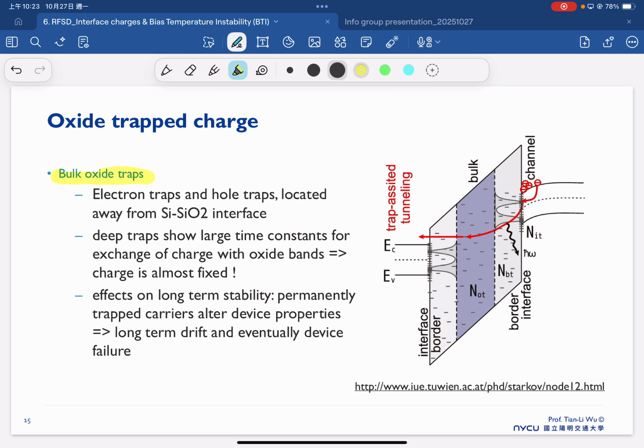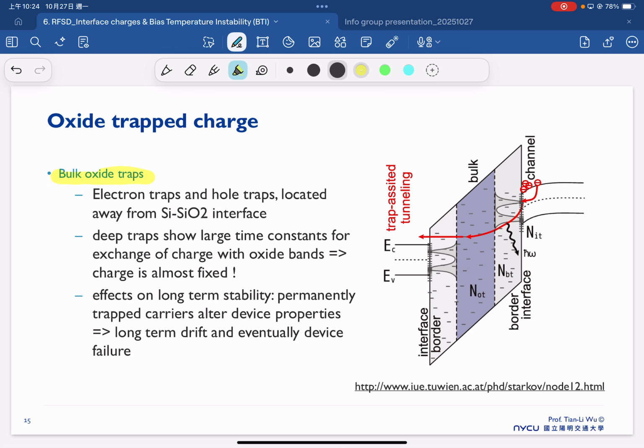So in the region where we have trapping a little bit far from the interface state, but not that far, not really deep inside the dielectric, we call those border traps. If you look at this right-hand schematic, this is a very well-known schematic if you are working in the reliability field.